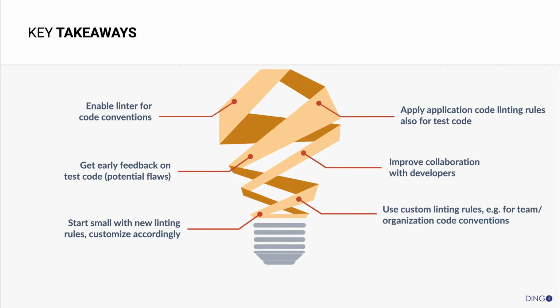If you're new to linting, start small. Linting tools are there to help you instead of working against you. If you're not used to linting and just enable everything and everything is red, you see thousands of errors, then this tool is not really helping you, right? So start small, enable the linting rules that you understand, and learn from there.